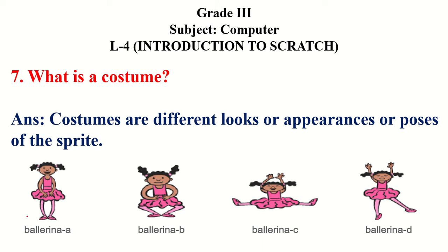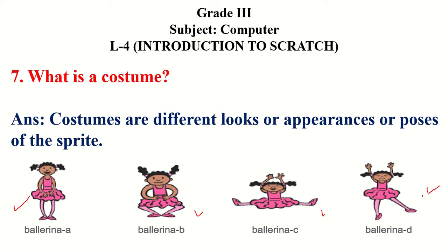Here you can see that this is one of the sprites, Ballerina. This is the first costume. Costume means the appearance or the pose of this ballerina sprite. In the first look, she is standing, and then in different looks, she is doing some exercises.